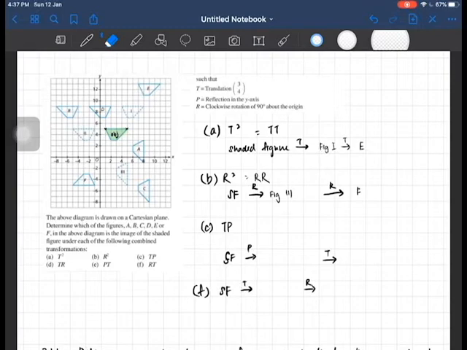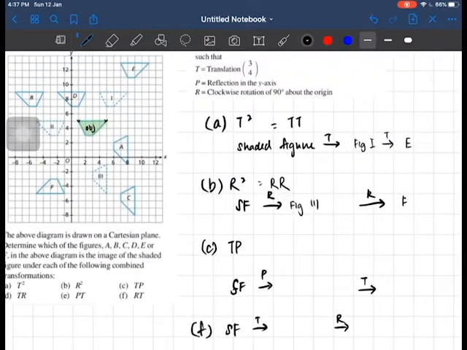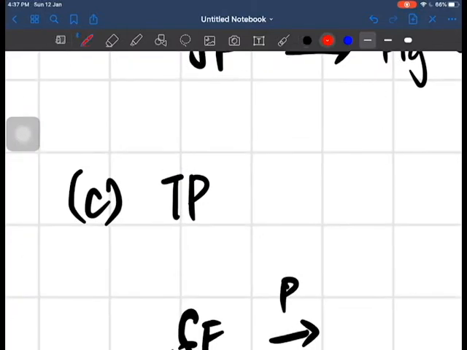There. So next one is TP. This is slightly different from T squared or R squared because it's two different letters. One way we read this is through P and T. Although it's written TP, it actually means P is the first transformation and T is the second.